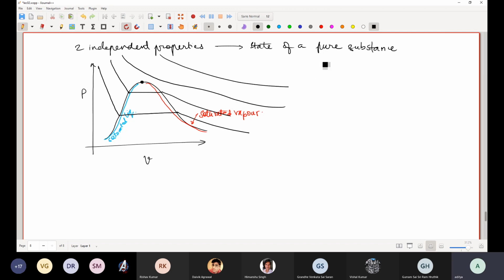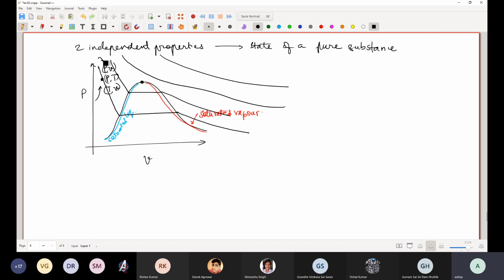So in order to specify the state, suppose I want to specify this state, I must specify P and V or P and T or T and V and so on. Till now, this is what you have learned.